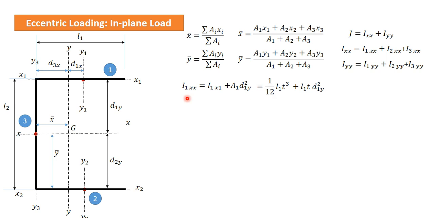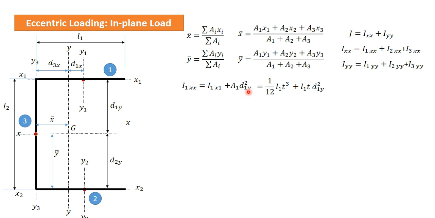I1xx we obtained by parallel axis theorem, because we know the second moment of area of section 1 about its own neutral axis passing through the CG in this case. So this is I1x1, the second moment of area of section 1 about its neutral axis, and this is to be transferred to xx using parallel axis theorem.